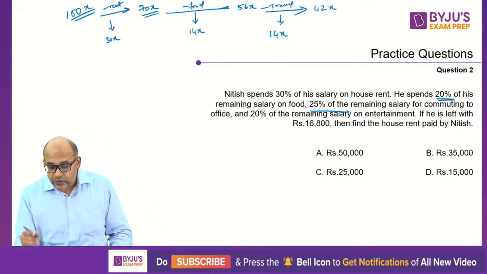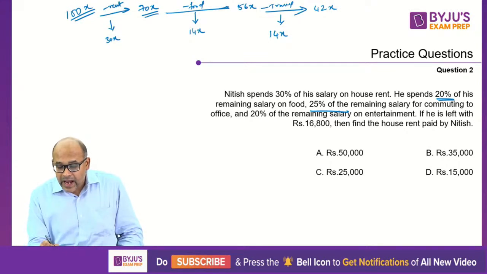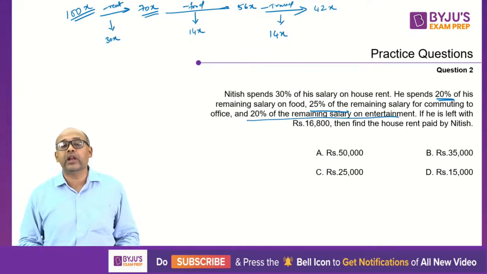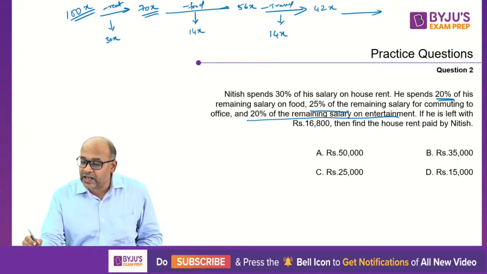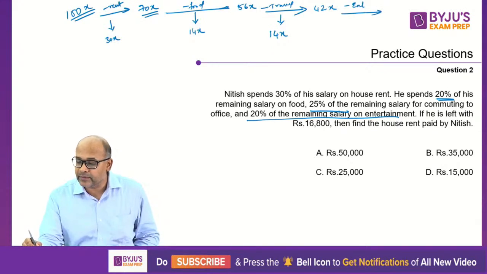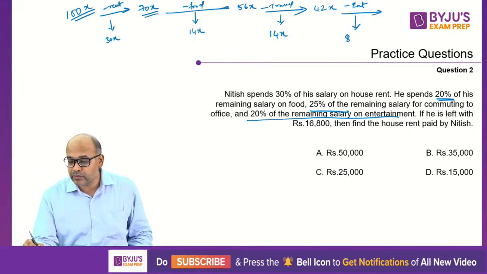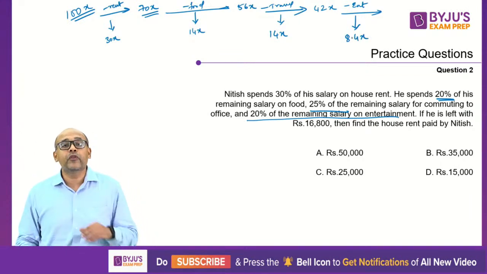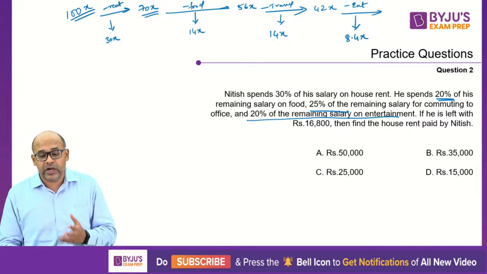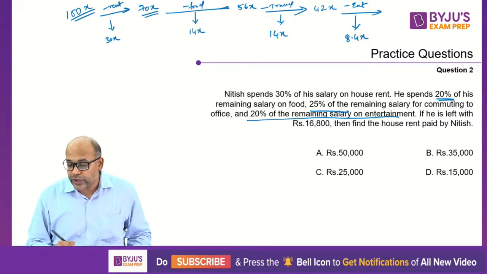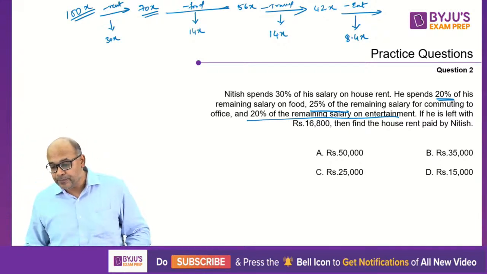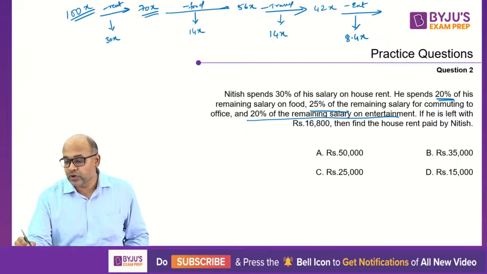So we have reached commuting, and 20% of the remaining salary goes on entertainment. So minus entertainment: 20% of 42 is 8.4x. From 42, if you take out 8.4, how much will be left? 42 minus 8 is 34, 34 minus 0.4 is 33.6x.